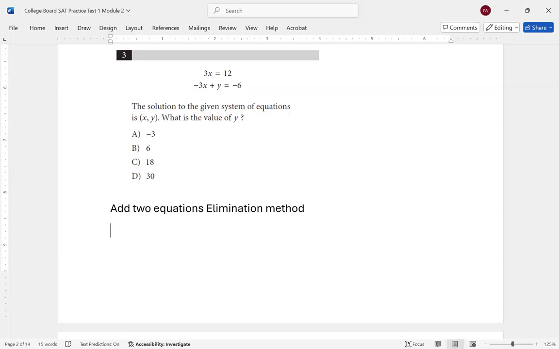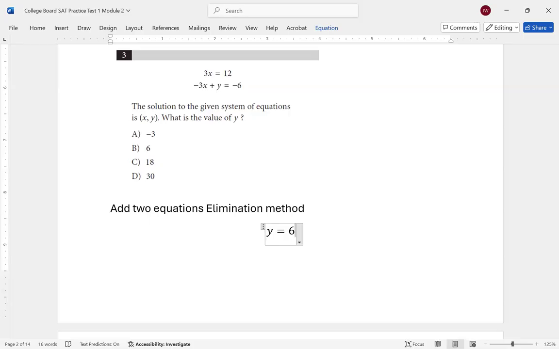And if you added those two equations together, you add the left-hand sides, 3x plus negative 3x plus y would just give you y on the left-hand side. And then you'd add the right-hand sides. 12 plus negative 6 would be a positive 6. So you would get a y value of 6.